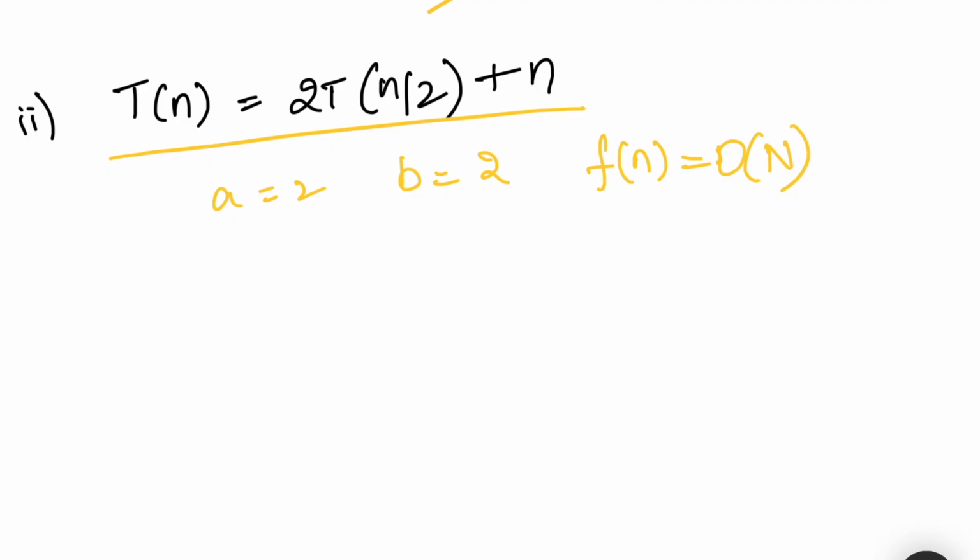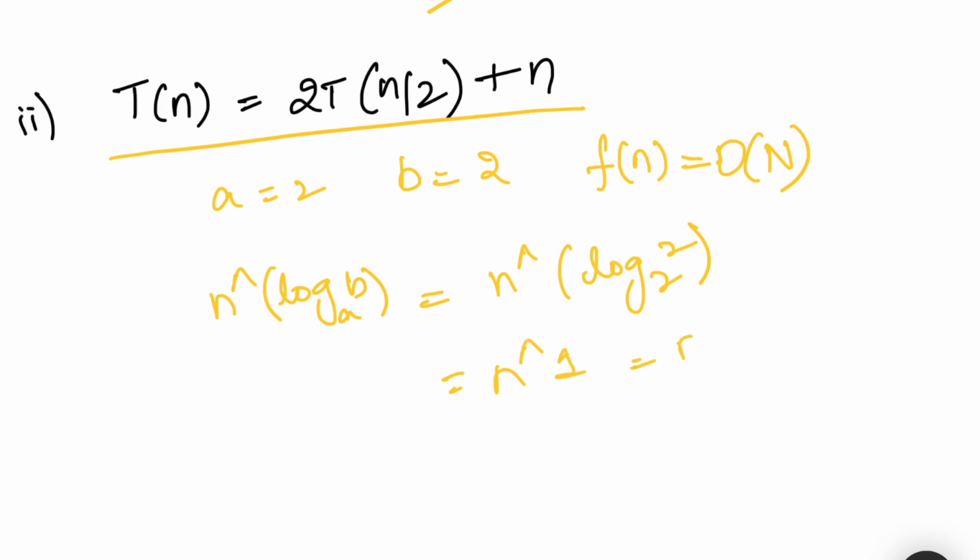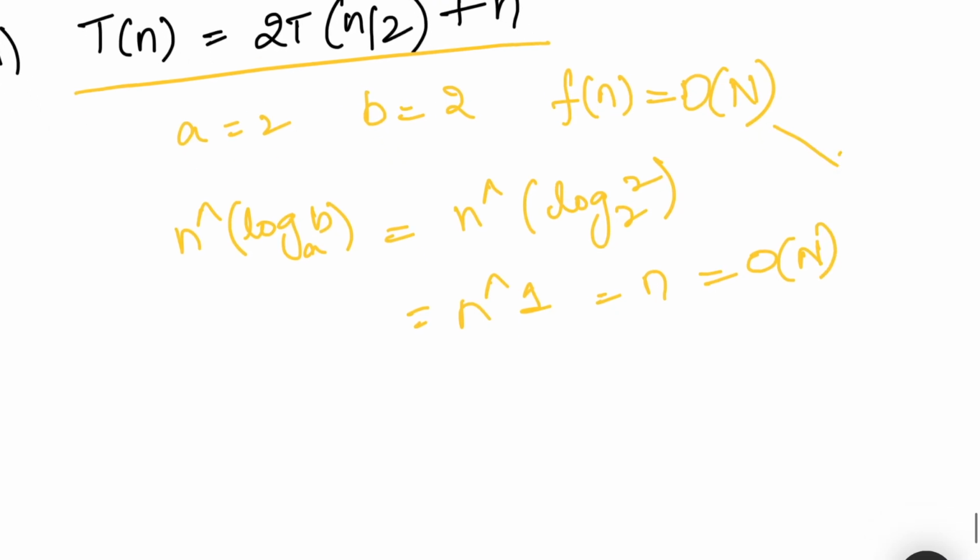Now n^(log_b a) would be n^(log 2 to the base 2). This becomes n^1, so nothing but n. Now if you see, f(n) is also O(n). Now these both are the same. If both are the same, we have to multiply by log n to get the final time complexity.